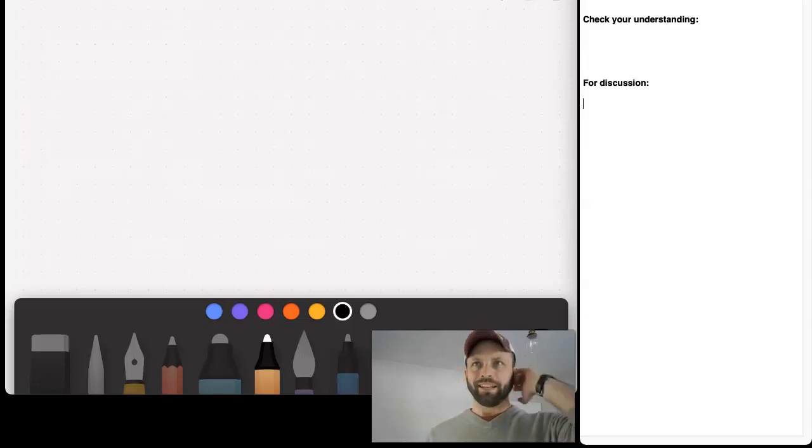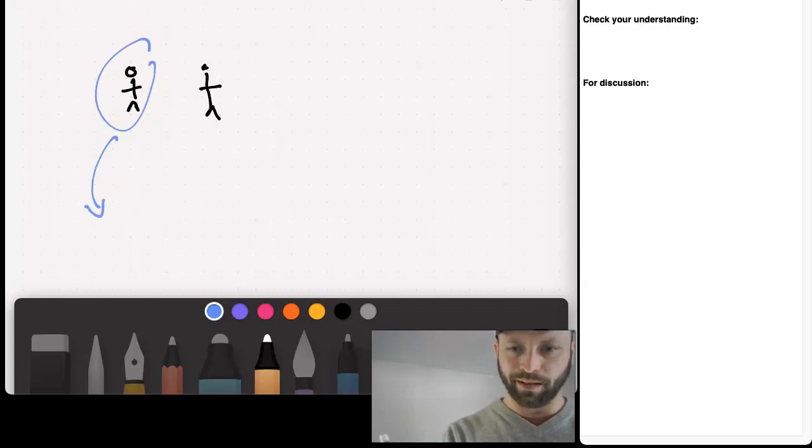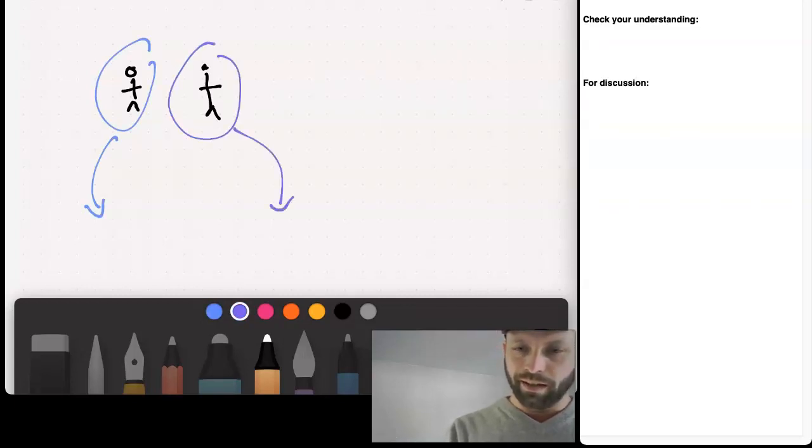So now, the prisoner's dilemma: the story goes that there are these two thieves and they get caught, and then the detective puts them in separate rooms and gives them a deal.